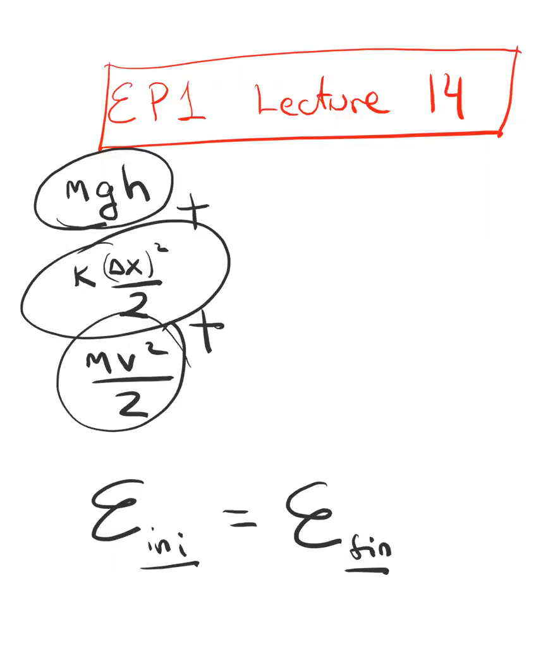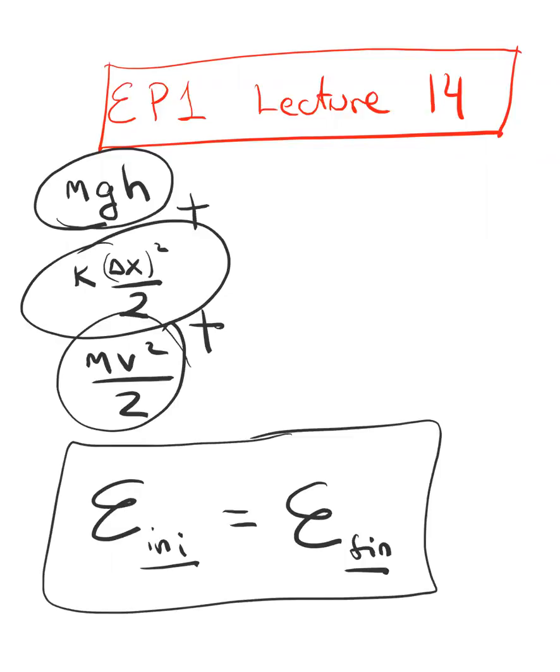And this is very useful because if you know that energy is conserved, then there are many problems that you can solve. And these solutions are very simple compared to if you have to write down Newton's laws and go through all the mathematical machinery.